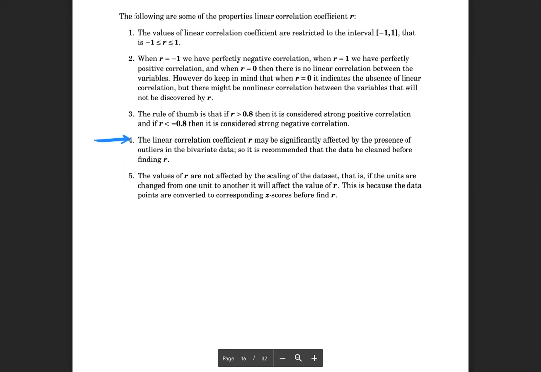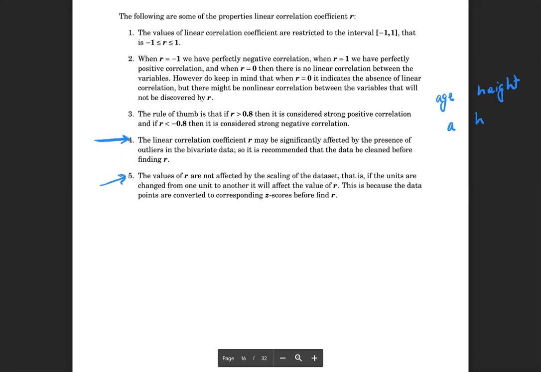The last property is that the Pearson linear correlation coefficient is not affected by scaling. What it means, let's say you want to find the correlation between age and height when people are growing up. Let's say A is for age and H is for height.